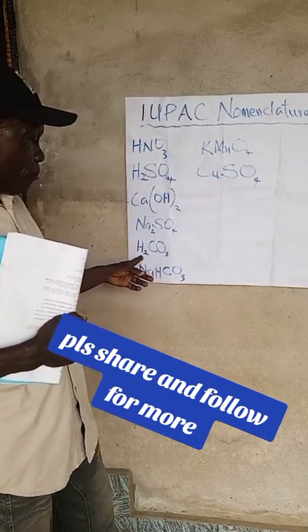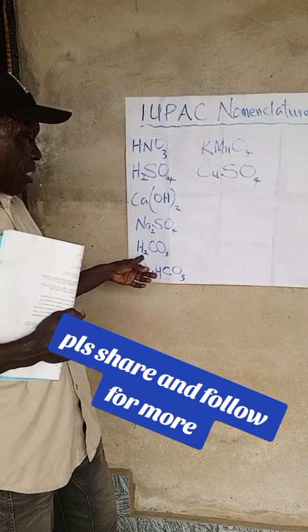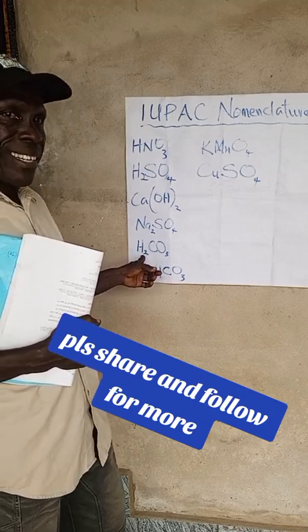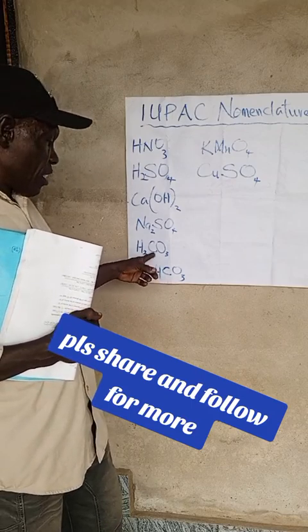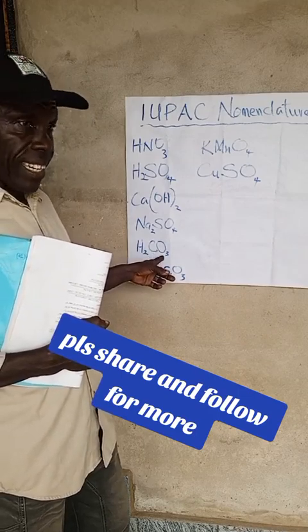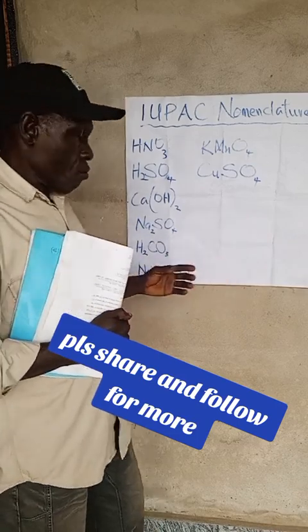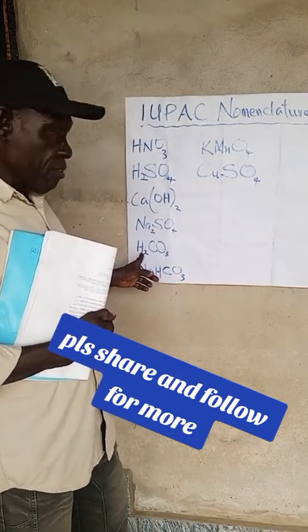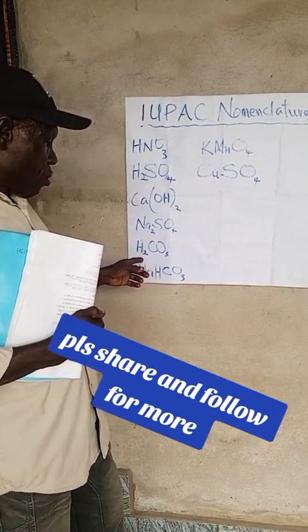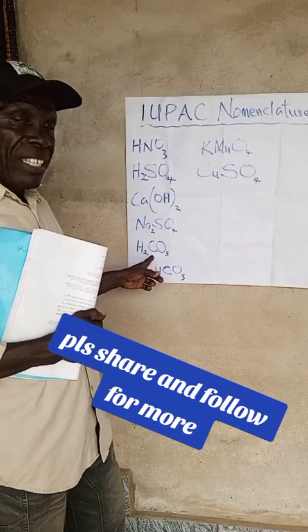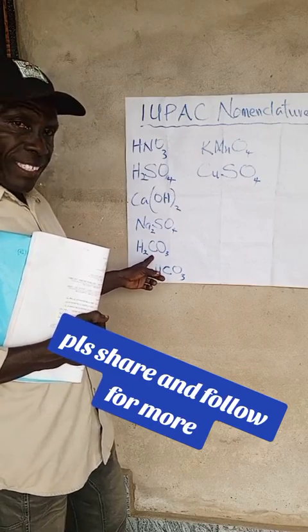Now look at this one here. The old name is called carbonic acid, because CO3 is a carbonate radical. Now, the moment acid is mentioned, we know that hydrogen is involved. Now this is called trioxocarbonate 4 acid.